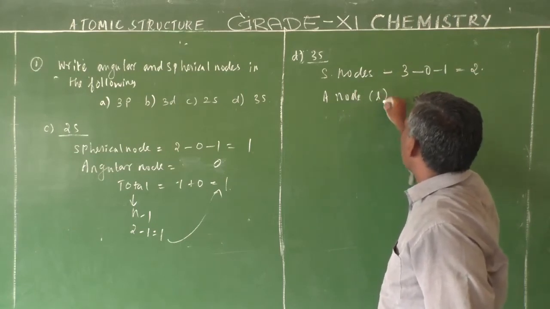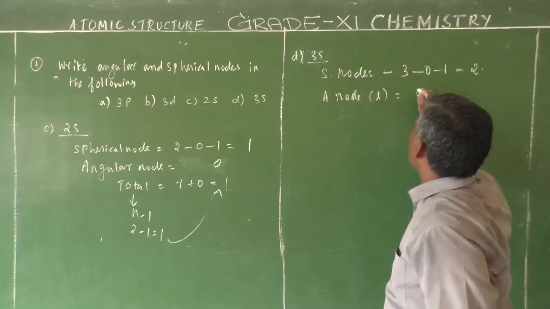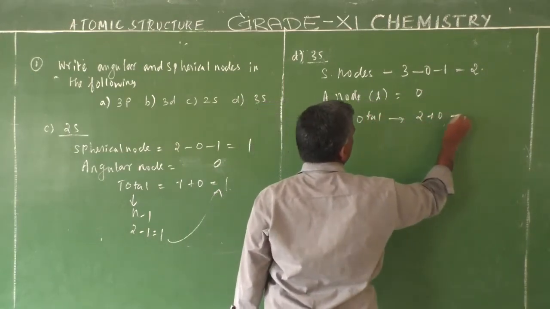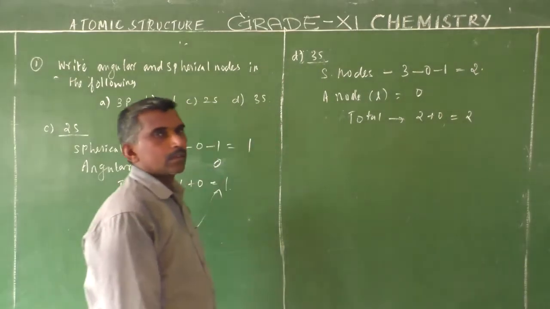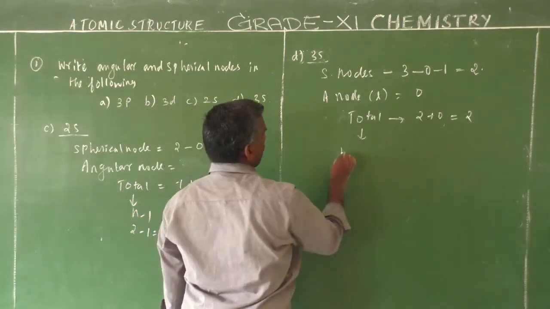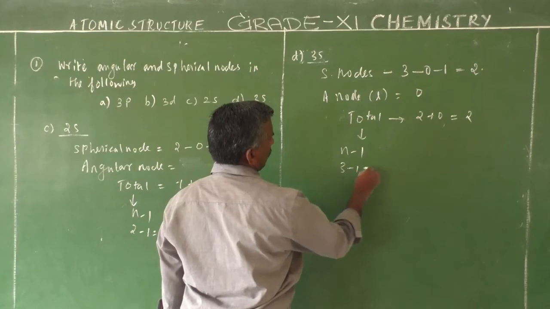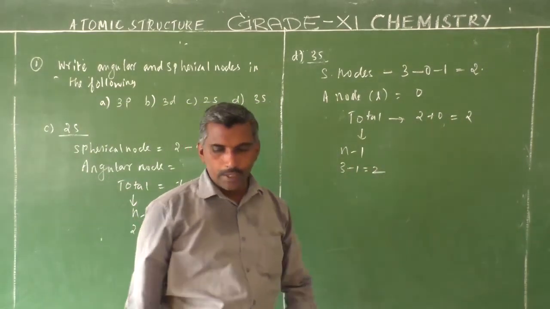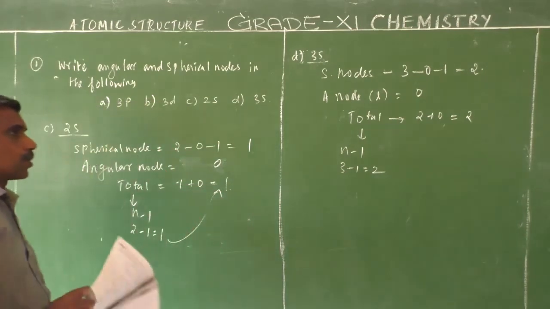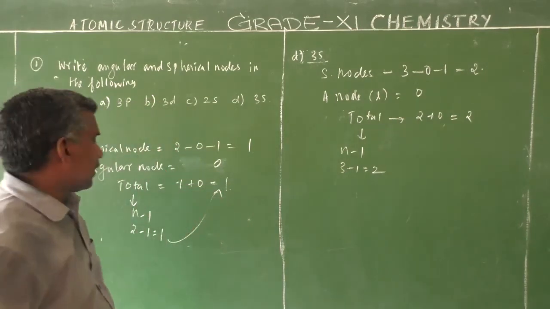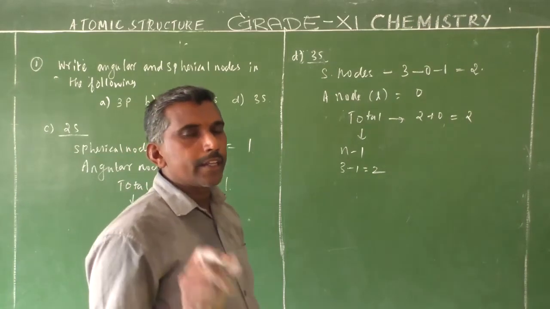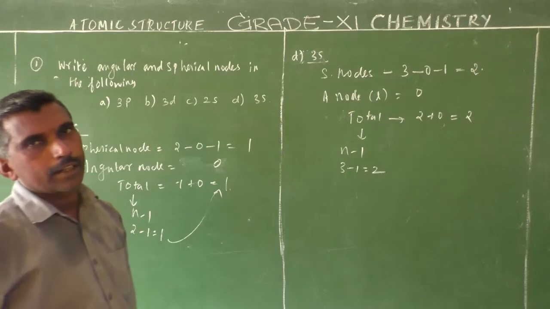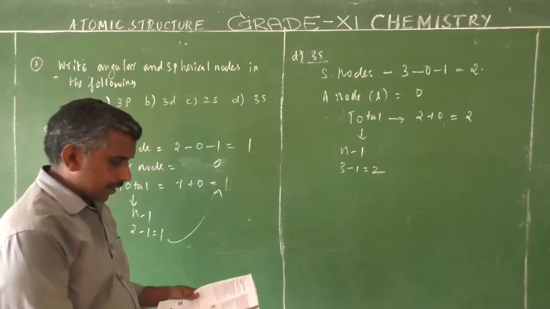Angular node: l is 0. Total nodes: 2 plus 0, that is 2. Using the formula, 3 minus 1 is equal to 2, so there are 2 nodes for the 3s orbital. In 2 regions the probability of finding an electron is 0, and the electron is absent there. That is known as a node.